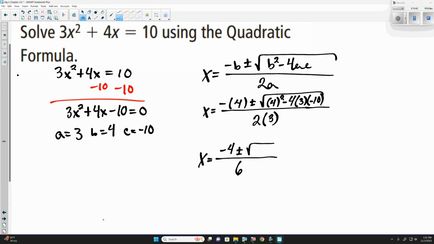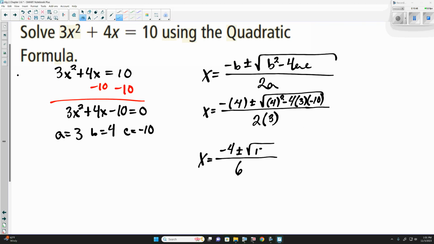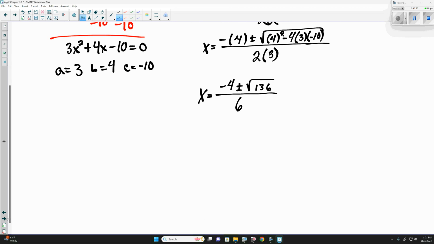So sometimes it's a little bit easier to type it in and see that, well, in this case, it is still a positive number, so we can take the square root of it in the calculator and get 2 square root of 34 over 6. So it does reduce. If it was negative, we would take the i out, take the radical of it, and then go from there.